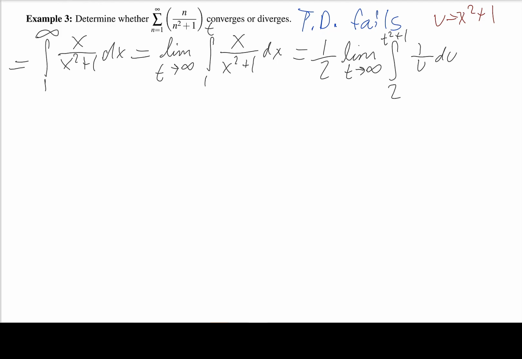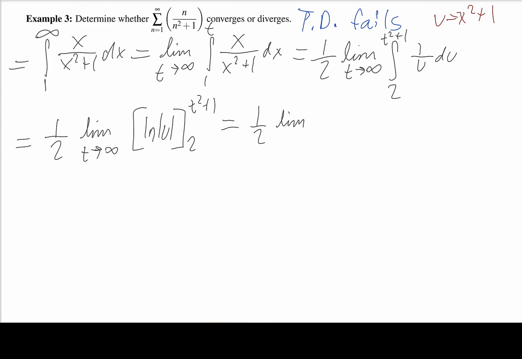Alright, so now this will be 1/2 limit as t goes to infinity. Integrating 1 over u, we'll get the natural log of the absolute value u from 2 to t squared plus 1. So this is going to give me 1/2 limit as t goes to infinity of the natural log of the absolute value t squared plus 1 minus the natural log of the absolute value of 2, which is just the natural log of 2.